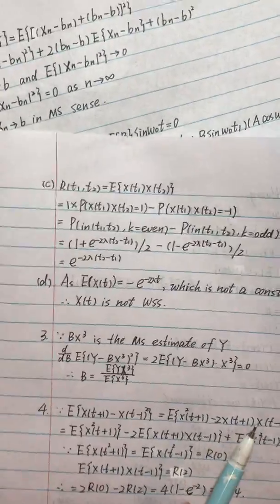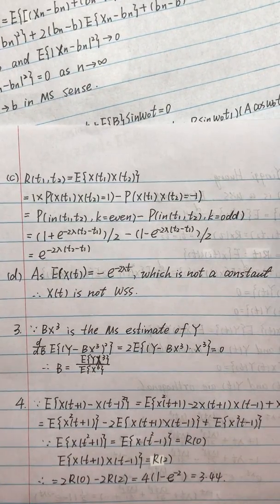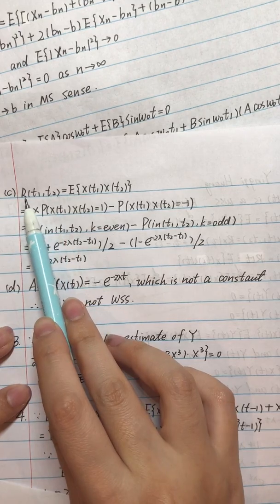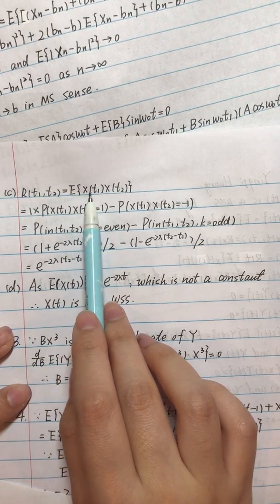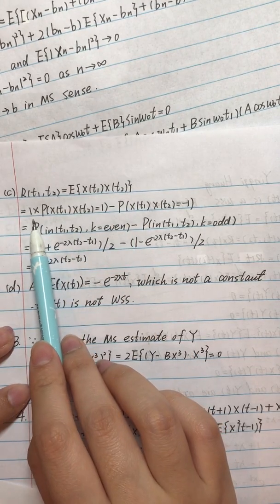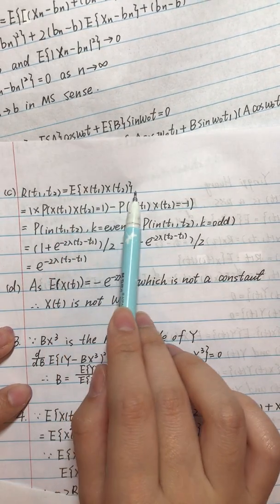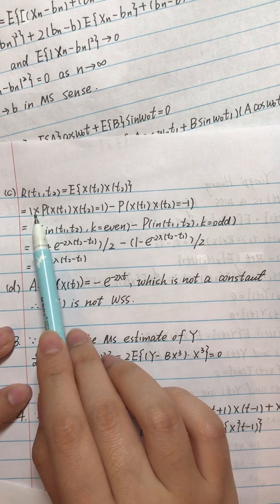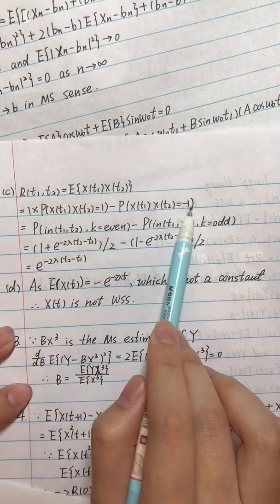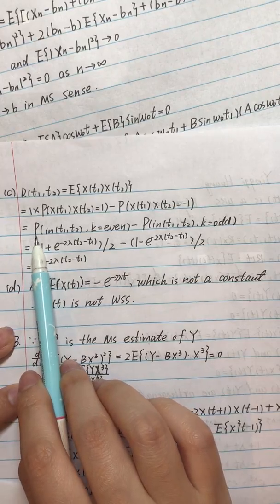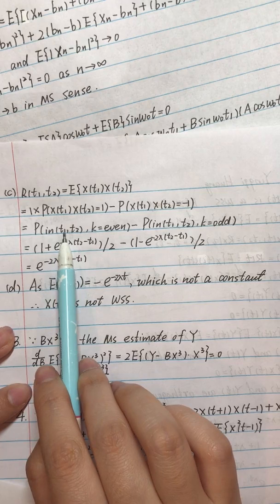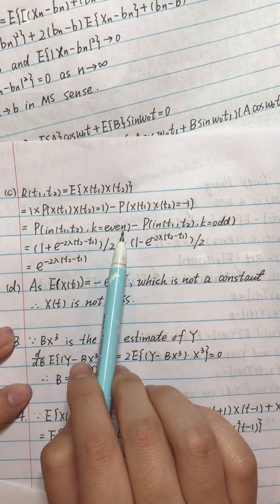And the third problem is to find R(t1, t2), and this equals the expectation of xt1 xt2. Similarly, the expectation of this equals 1 multiplied by this, and minus 1 multiplied by this. So this one equals the probability that in the time of t1 to t2, k is even.